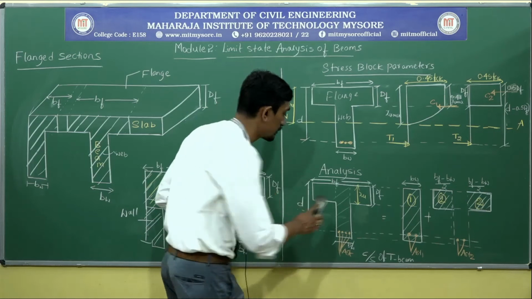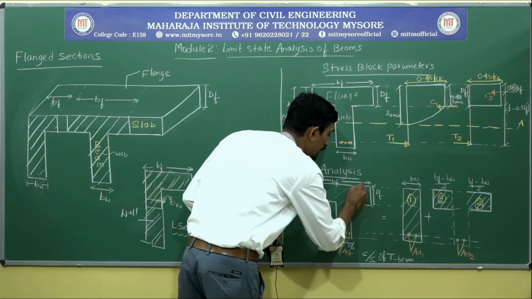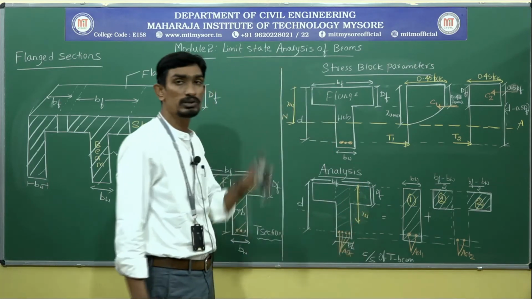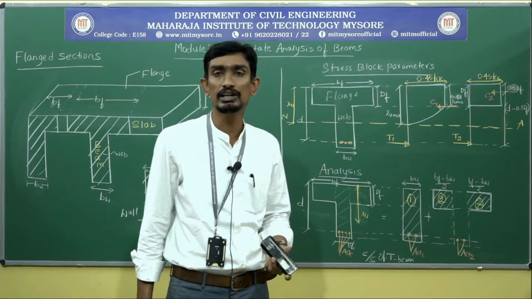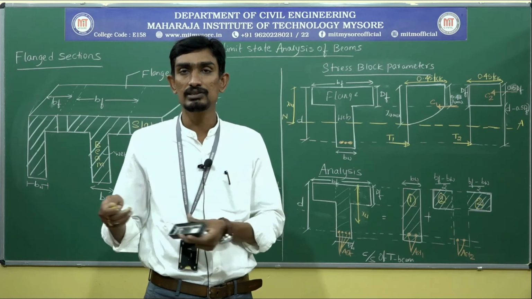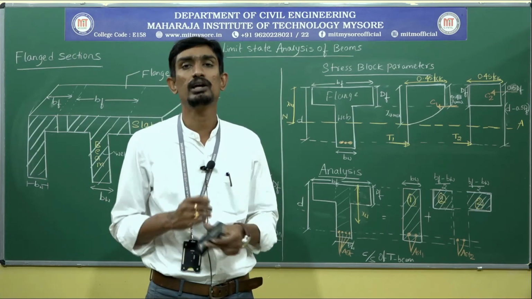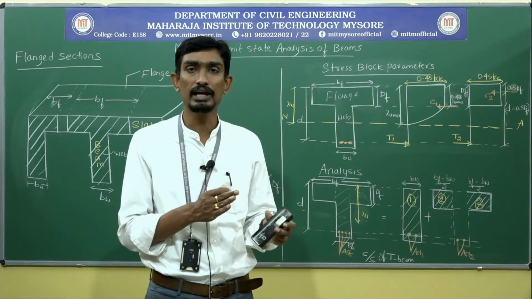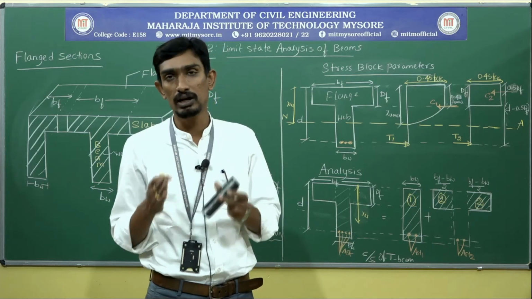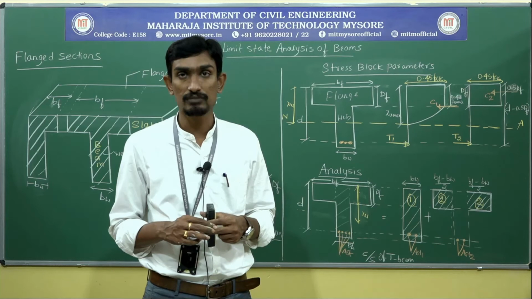Now the next thing is, if XU lies outside, we need to calculate at XU. If XU is greater than DF, then the analysis changes in a different way. We need to check that. So depending upon that XU and DF value, that is XU lesser than DF or XU greater than DF, we need to calculate the moment of resistance of a section.